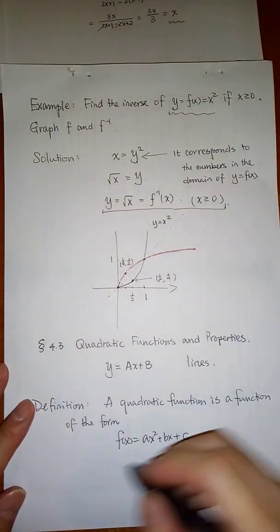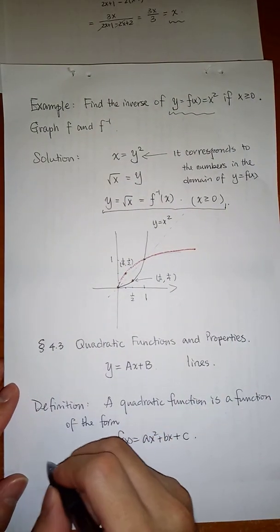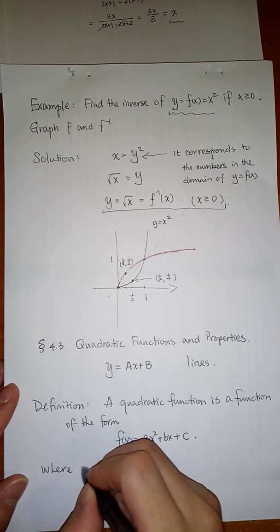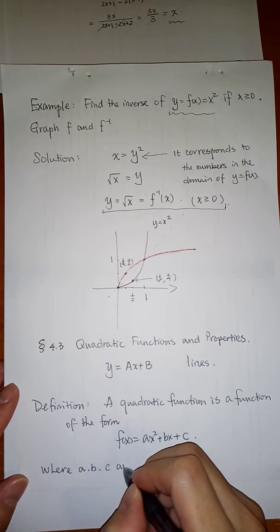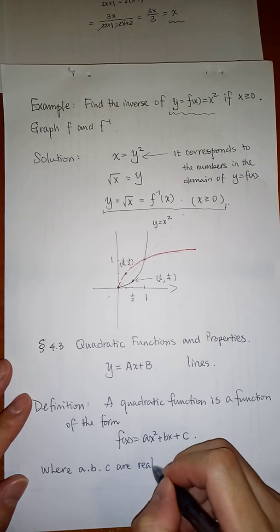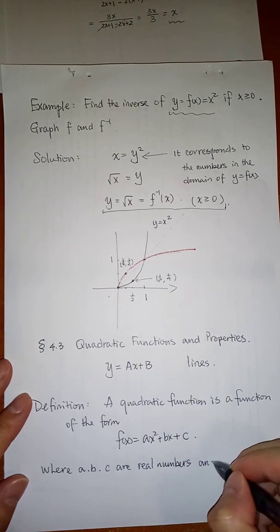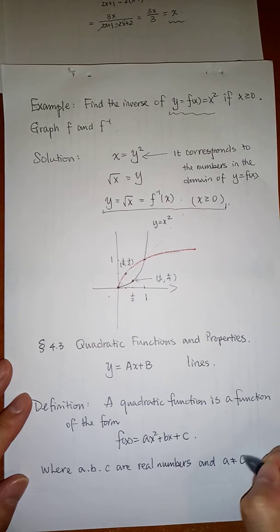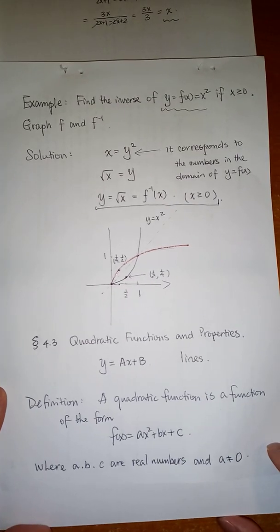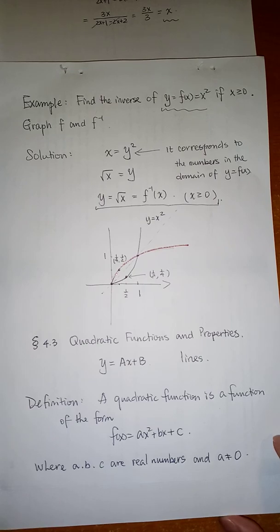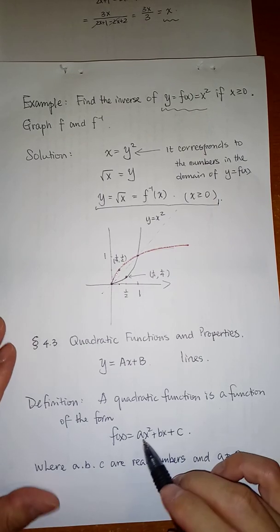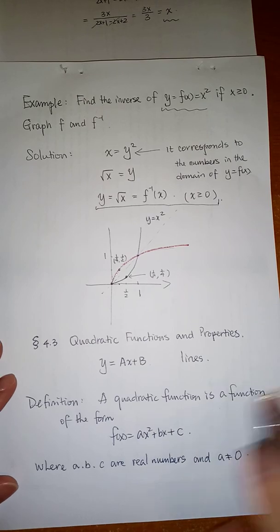So here we require, first of all, where a, b, c are real numbers, and a is not equal to 0. Okay? A is not equal to 0. B and C can be 0. B and C are free to be 0.